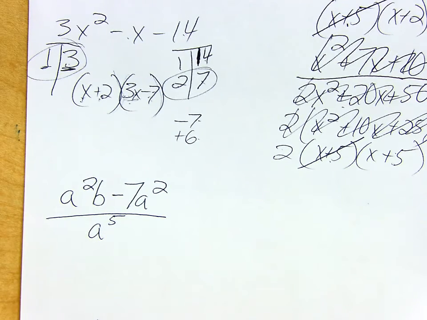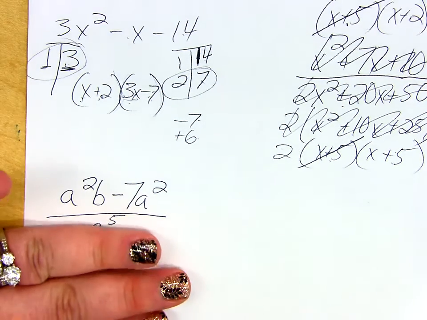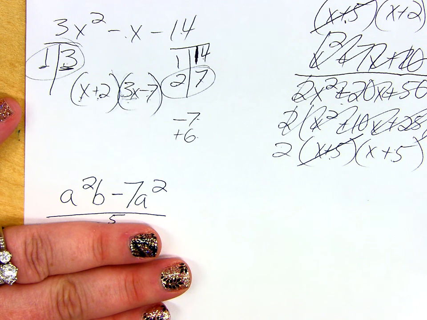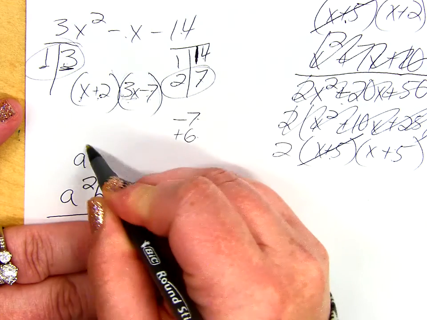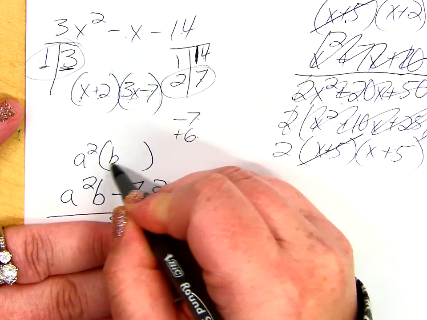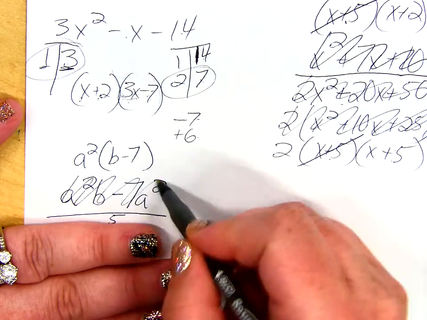Step 1 is still to factor. So if I look at that numerator all by itself, how do you factor that? Good question. Is there anything I can take out of that? A squared. Yes, let's take out a squared. If I take out a squared, what's left? B minus 7. That's it, b minus 7. So there's the top thing factored.